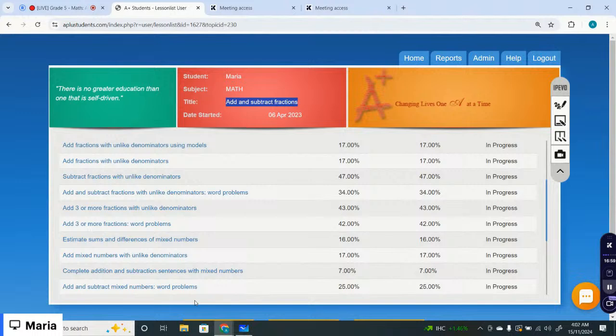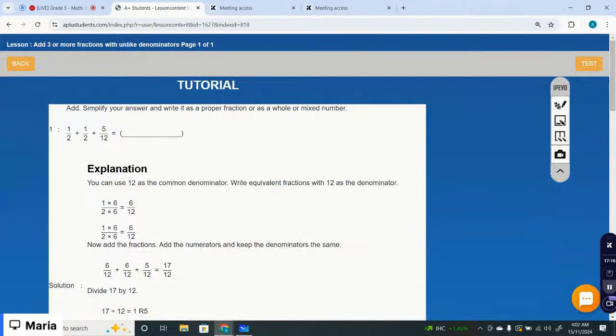Let's start with the lesson add three or more fractions with unlike denominators. 1 by 2 plus 1 by 2 plus 5 over 12.